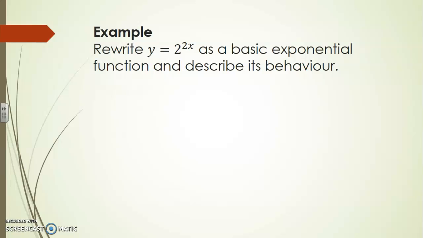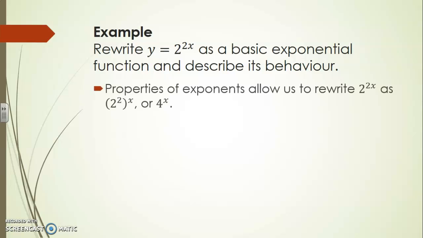Let's rewrite y equals 2 to the power 2x as a basic exponential function, and let's describe its behavior. Here we're going to use properties of exponents to rewrite 2 to the power 2x. Now, 2 to the power 2x can be seen as 2 to the power 2 all to the power x because of rules for consecutive exponents.